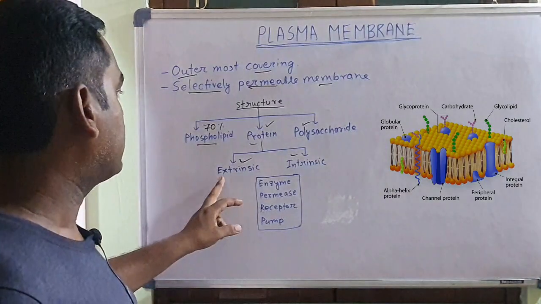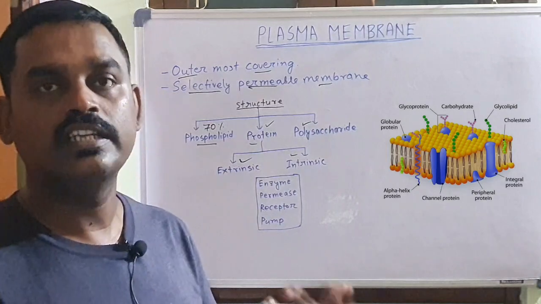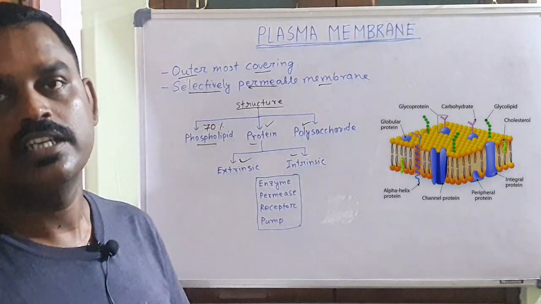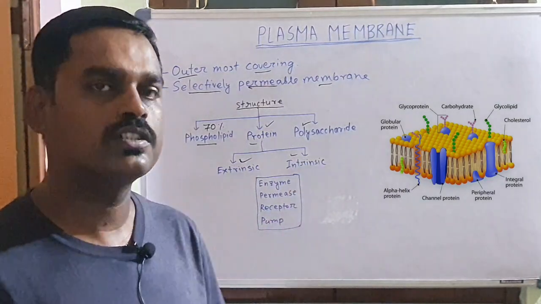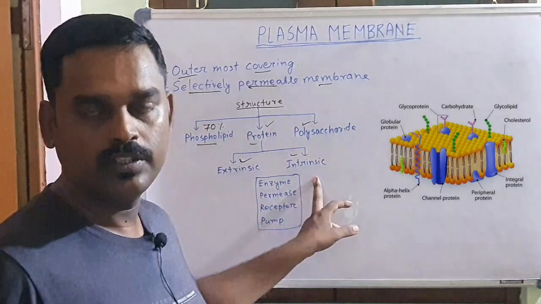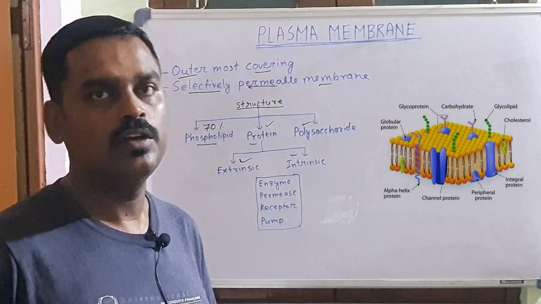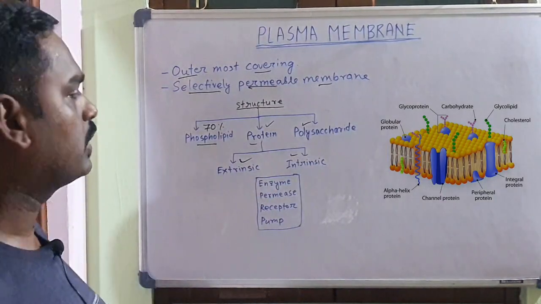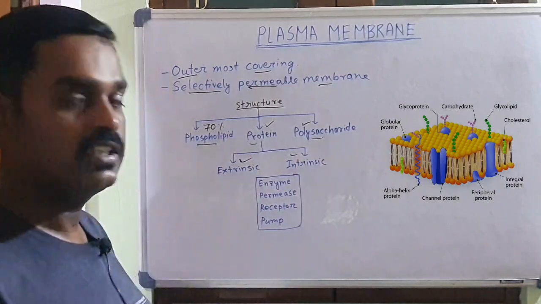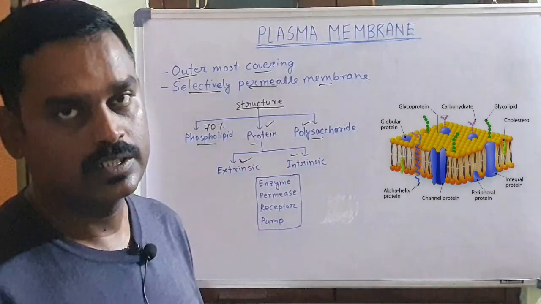Extrinsic proteins are found either on the outer side or on the inner surface of the membrane, and intrinsic proteins are found across the plasma membrane. Intrinsic proteins specifically function as channel proteins for entry and exit of molecules. Another molecule found in the plasma membrane is the polysaccharide, a form of carbohydrate.